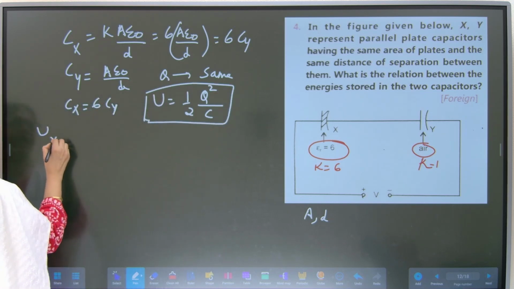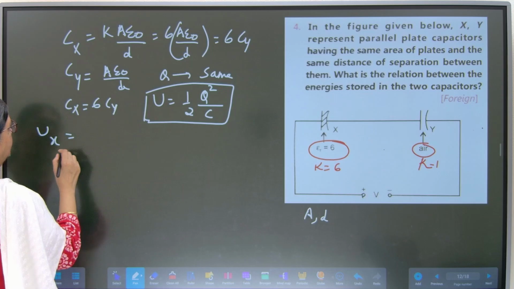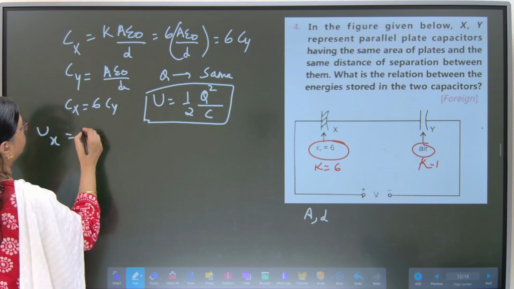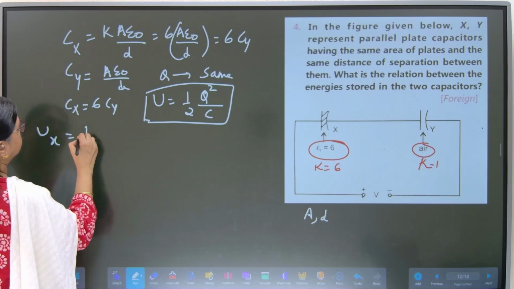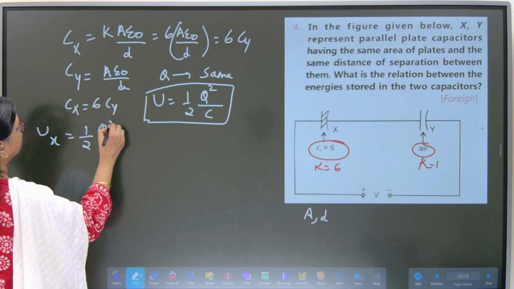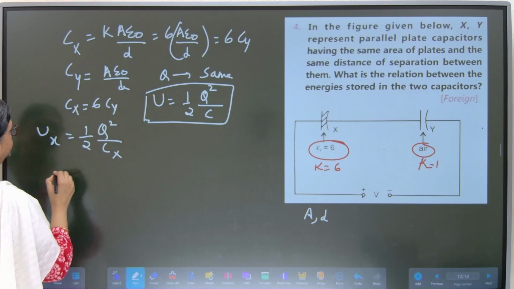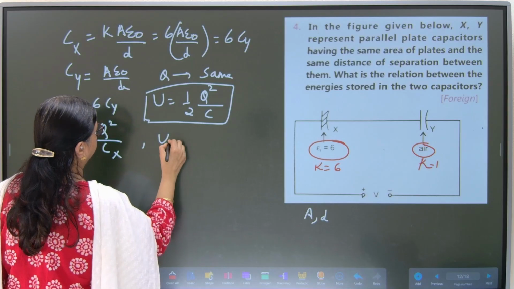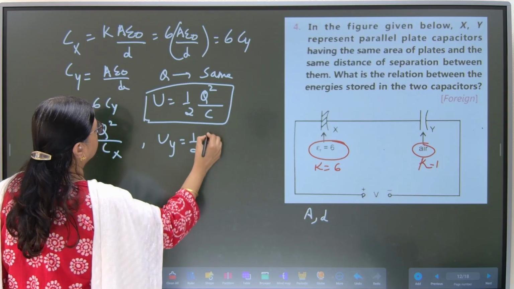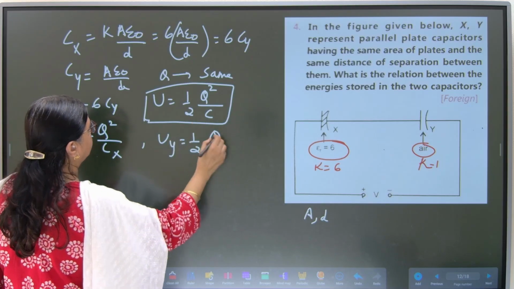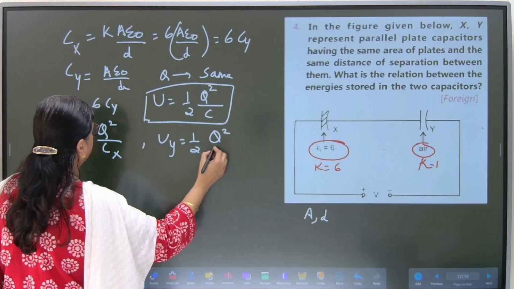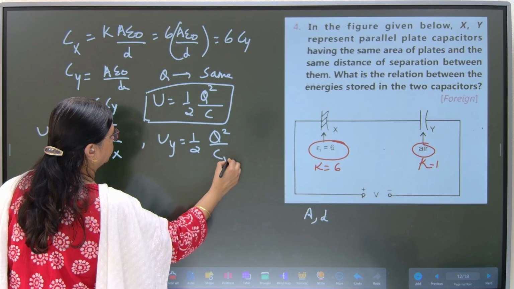We write Ux, for the capacitor X, energy stored is half Q square upon Cx, Q is the same for both. For Uy, we can write half Q square upon Cy.